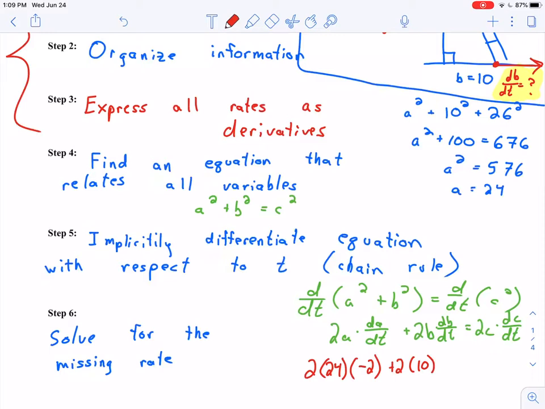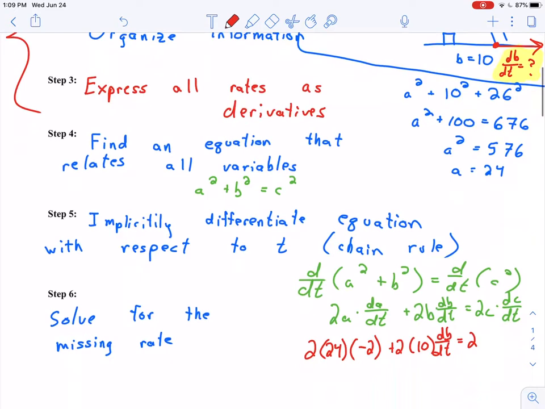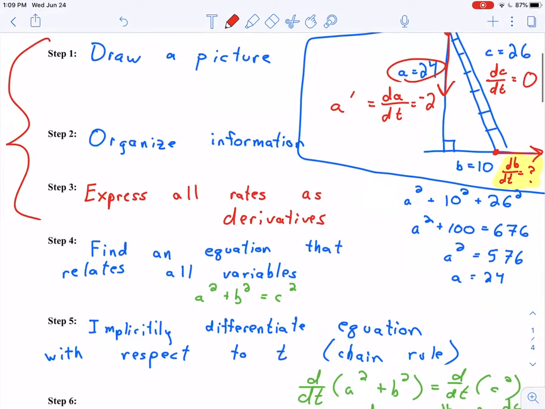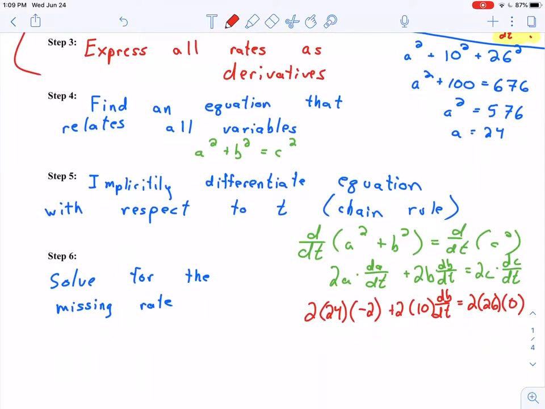But that's okay. That's what we're trying to find. So I'm going to leave that as dB over dt equals, on that right-hand side, 2 times c. C is 26 times dC dt. What did we say that was? We said that was 0 because that side is our ladder. It's not getting longer or shorter. So times 0.